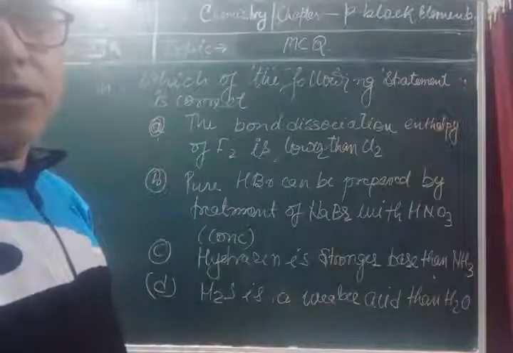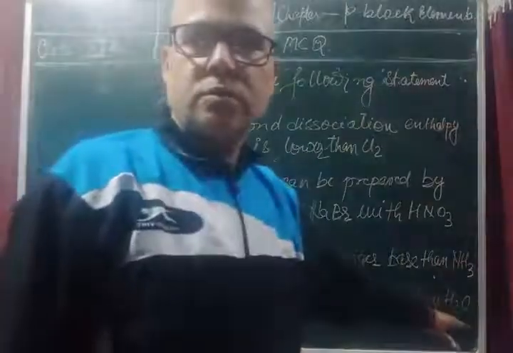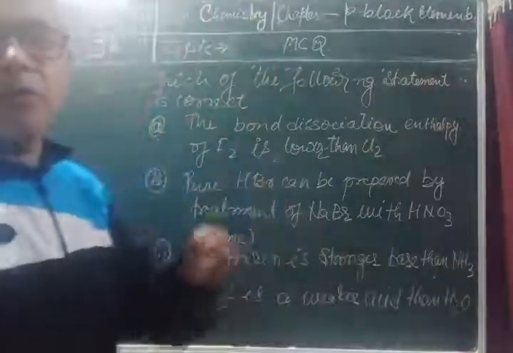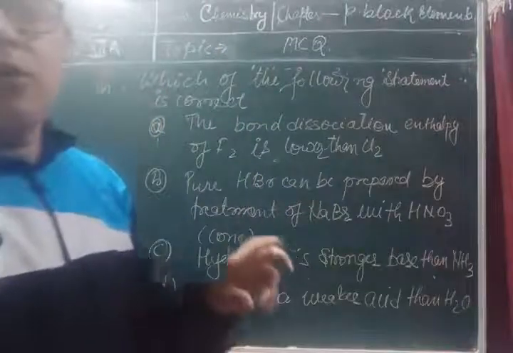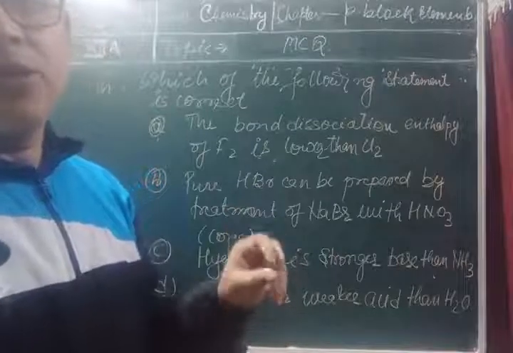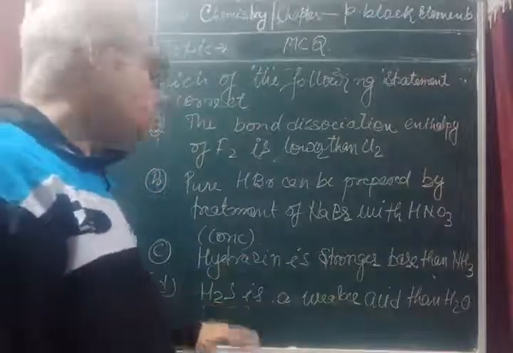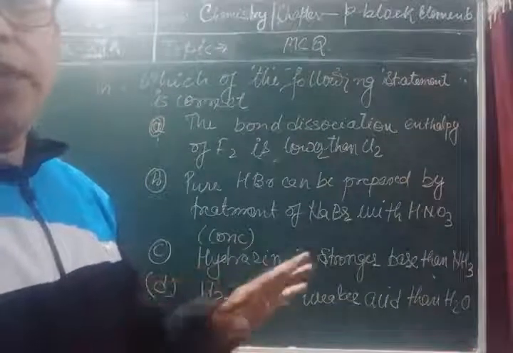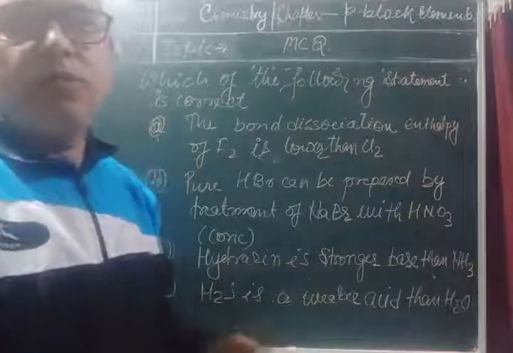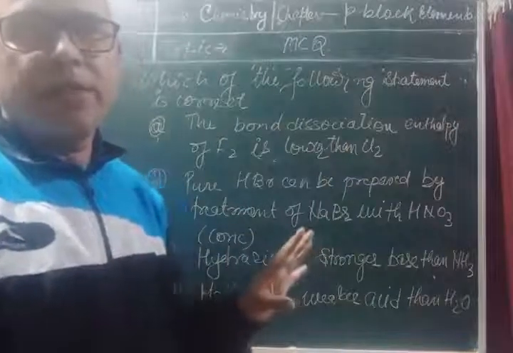This is wrong, because in case of H2O, here is hydrogen bonding, so it will not lose hydrogen easily like a strong acid. But in case of H2S, there is no hydrogen bonding, so it can donate a proton very easily.